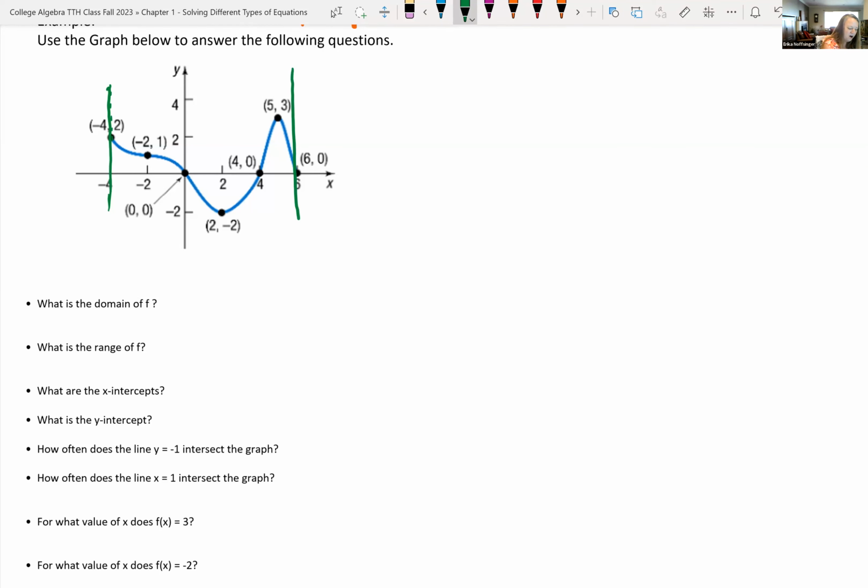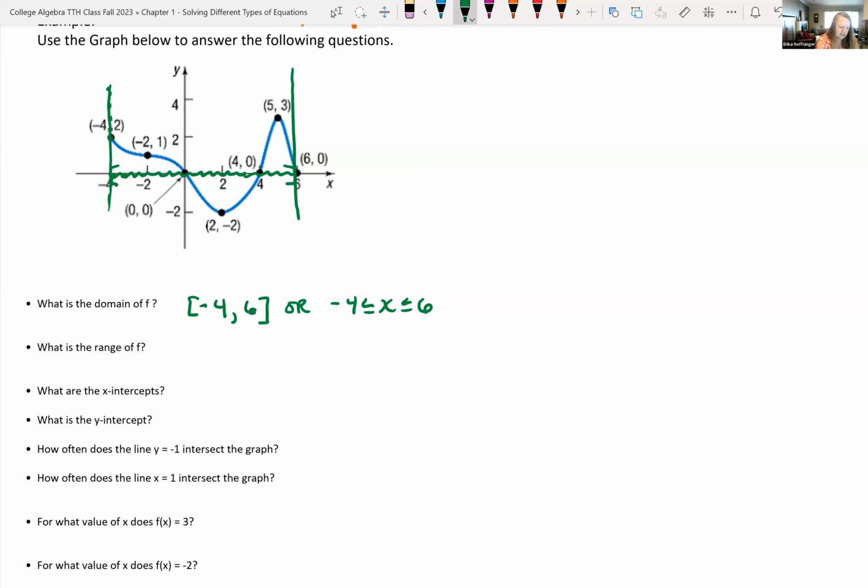You're hitting all of the x values in between -4 and 6. So the domain in this case is the interval from -4 to 6, including both, so we have brackets. Another way to state that is -4 is less than or equal to x is less than or equal to 6.